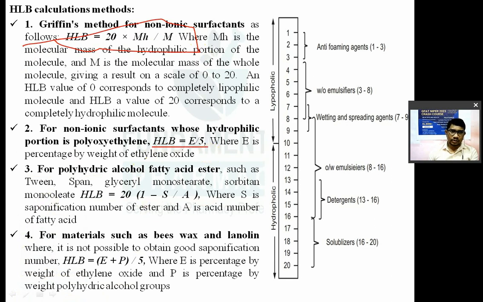For Tween, glyceryl monostearate, sorbitan monostearate, monolaurate, HLB is equal to 20 into 1 minus S divided by A, where S is the saponification number of the ester and A is the acid value. For those surfactants for which the saponification number is not possible, HLB is equal to E plus P divided by 5. What is E? The percentage of ethylene oxide, and P is the polyhydric alcohol.